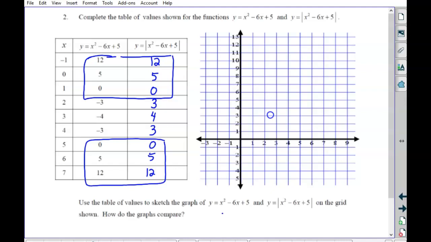But we have a table of values, so let's use it. -1, 12; 0, 5; 1, 0; 2, -3; 3, -4; 4, -3; 5, 0; 6, 5; 7, 12.